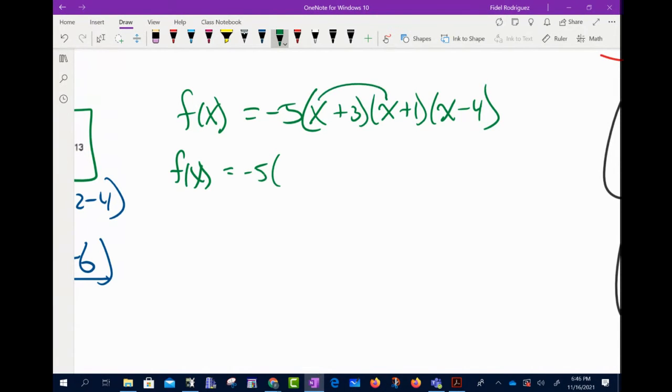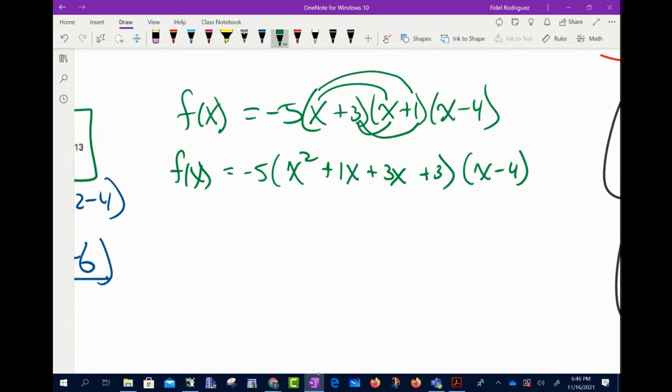Okay, let me multiply these parts out. That's going to give me an x squared. That's going to give me a plus 1x. That's going to give me a plus 3x. That's going to give me a plus 3. And then I have my x minus 4 over here. And I tell you what I'm going to do, y'all.